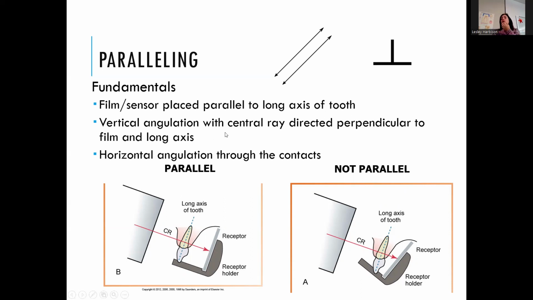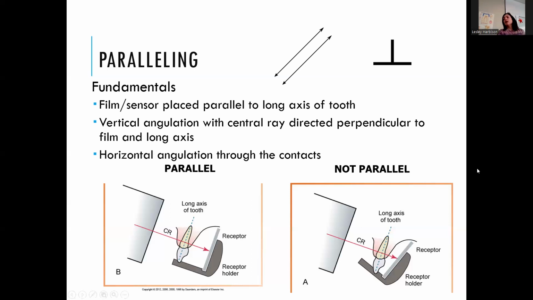Vertical angulation, with the central ray, or your primary beam that's coming out of the BID, is directed perpendicular. A 90-degree angle is perpendicular to the film and the long axis of the tooth, because those two things are parallel. So then we have the BID, or the primary beam, coming in at a right angle to those lines.